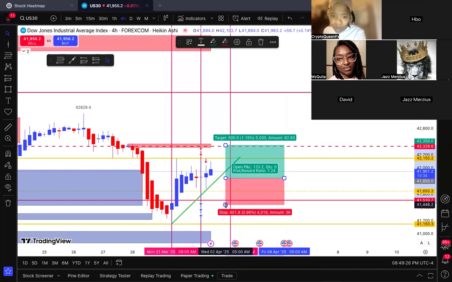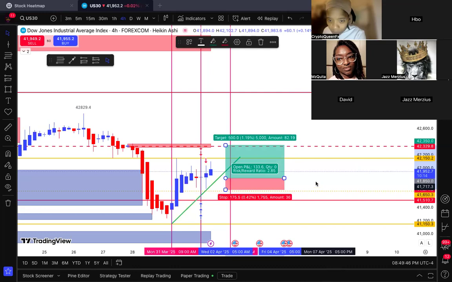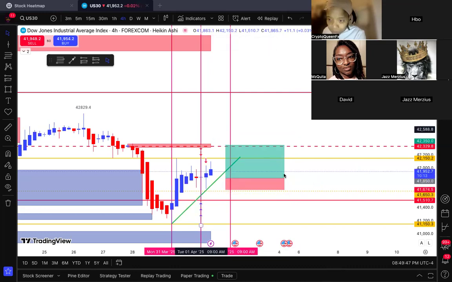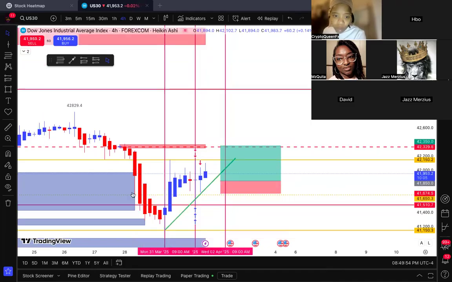Why is it so low? This is not supposed to be this far down. I'm looking for it to break this.